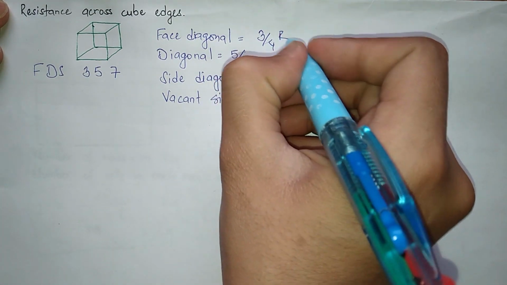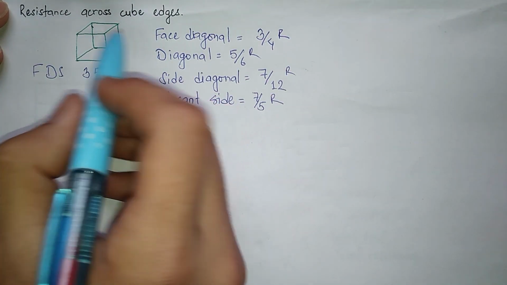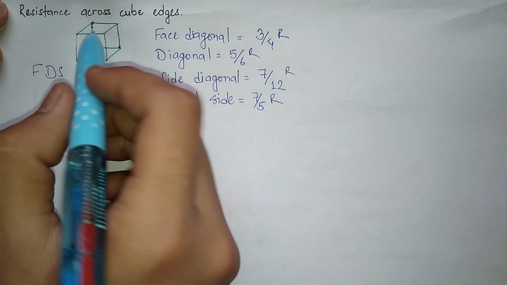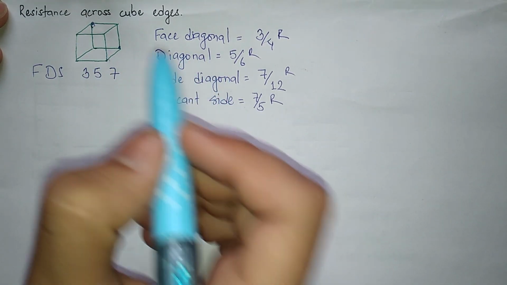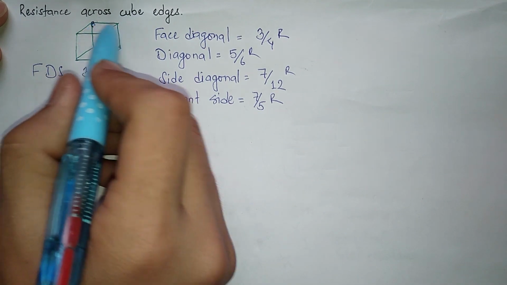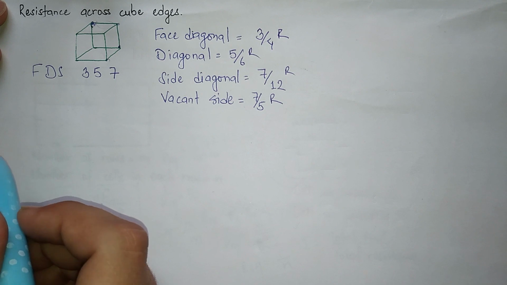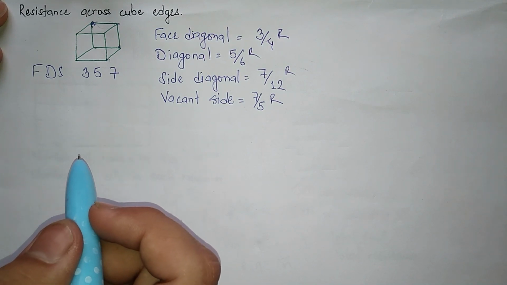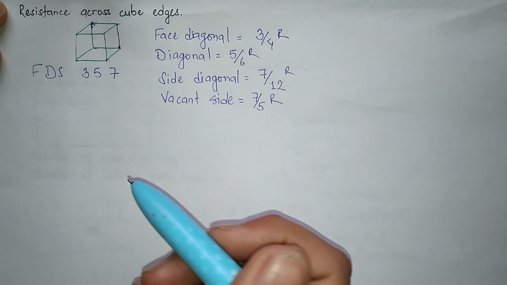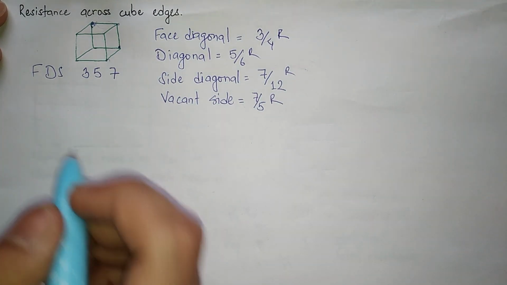Well, this one is our resistance. Face diagonal means this and this of one face. Diagonal means this and this. Side diagonal, and then vacant side if one side is vacant, and then across this. You just have to remember the values. It rarely comes in exams, but you must understand it to solve in exams.